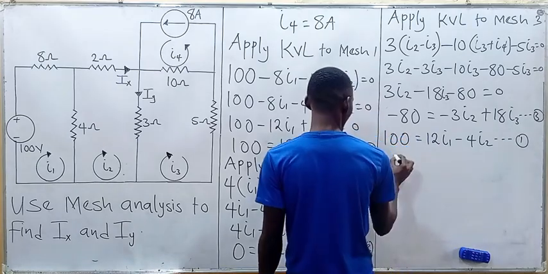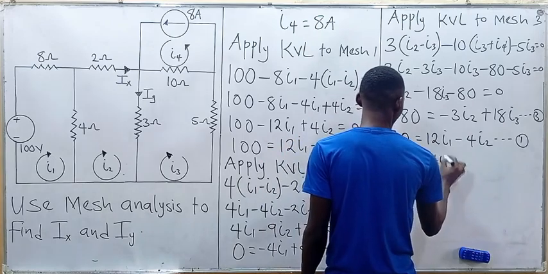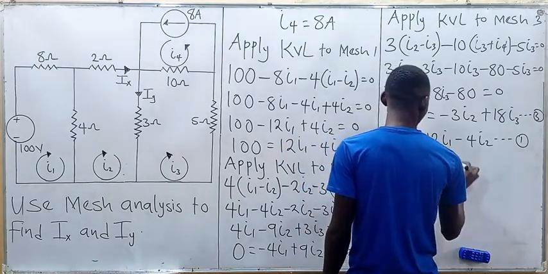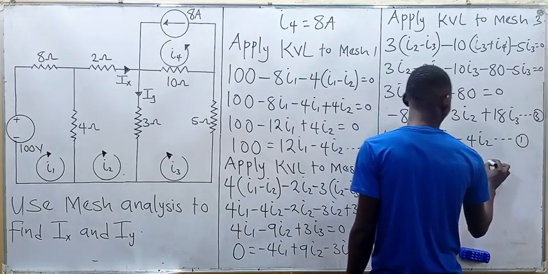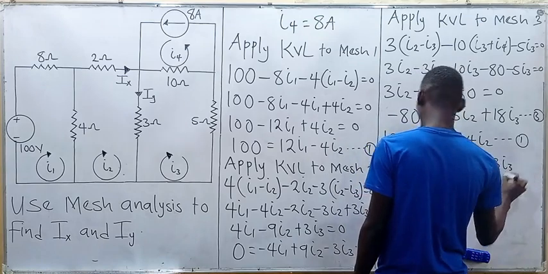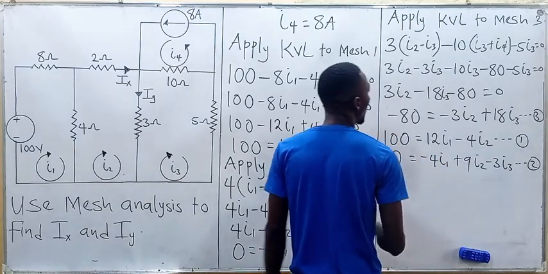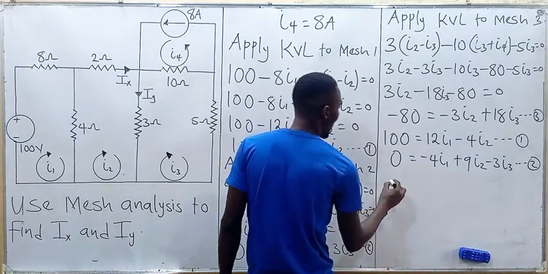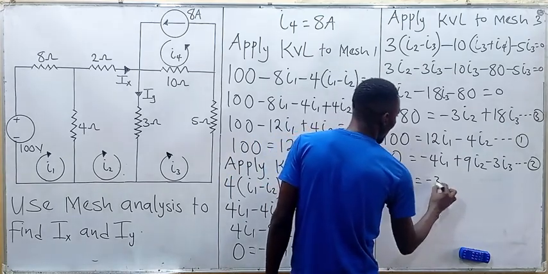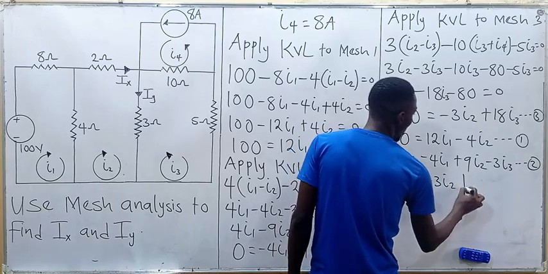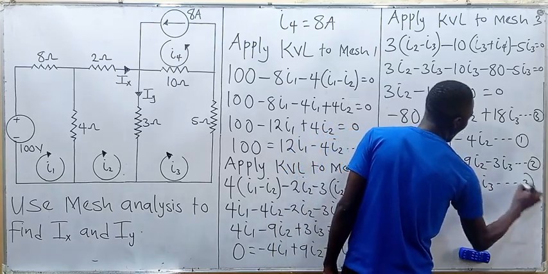Equation number 2 is 0 equals -4I1 plus 9I2 minus 3I3. And equation number 3, we have -80, which will be equals to -3I2 plus 18I3.